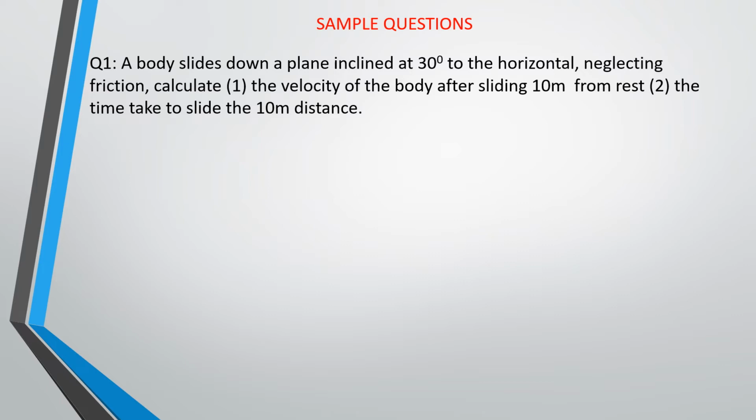So you are given distance to be 10 meters. You are given theta to be 30 degrees. T, you don't know. Then you are asked to find v, velocity.